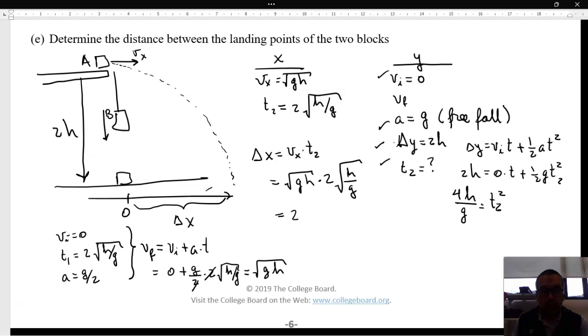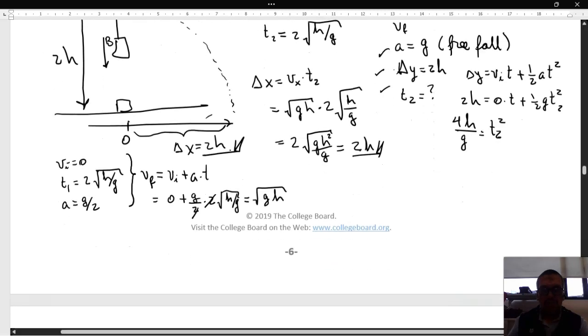And so you have a 2 in front, square root of g h squared over g, which means 2 times h. Therefore, the distance between the landing points is equal to 2h. And that is the final answer.